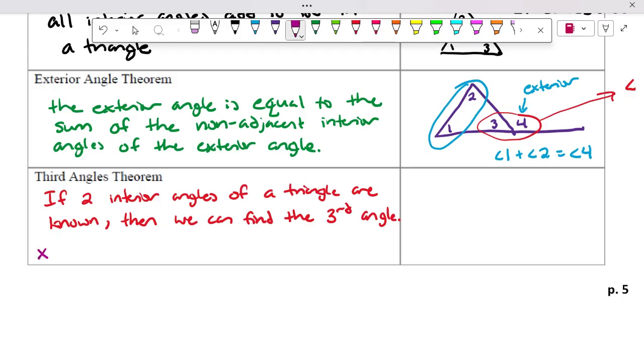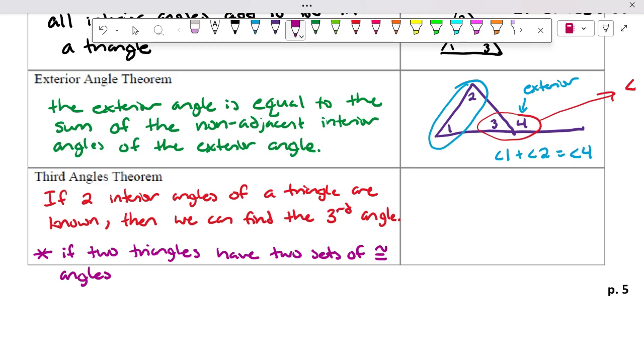Now, another corollary of this, when we get to congruent triangles, the third angles theorem, is that if two triangles have two sets of congruent angles, meaning that if you had two triangles, you have one set of congruent angles and then another set of angles are congruent.